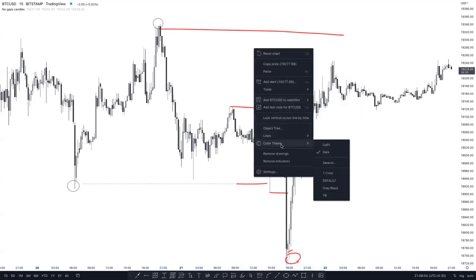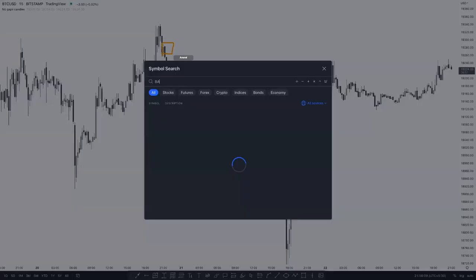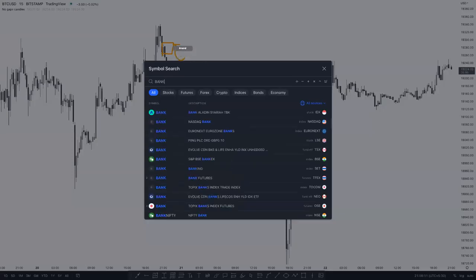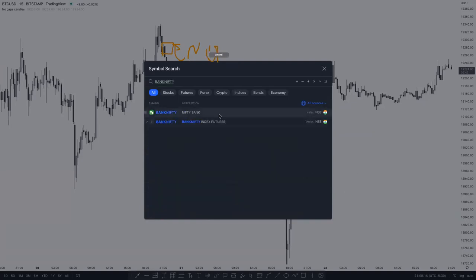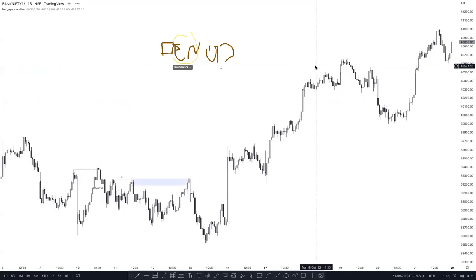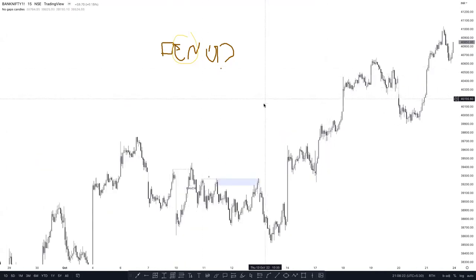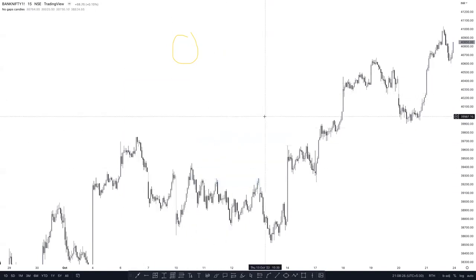Okay, so now let's switch to another pair, and Bank Nifty is here. So this one is our Bank Nifty chart in a 15-minute structure.